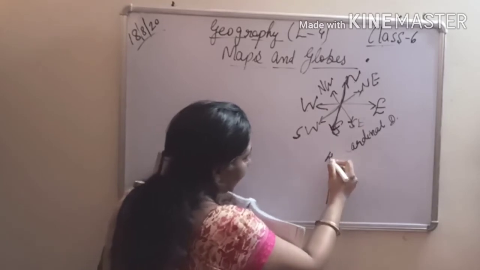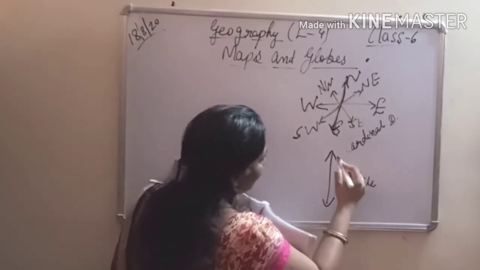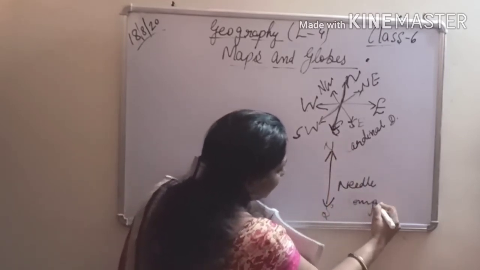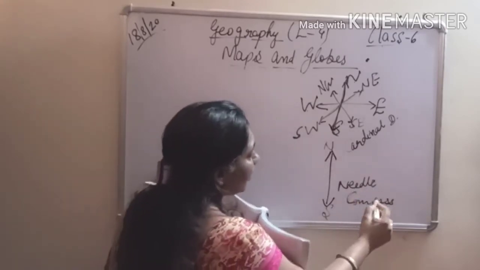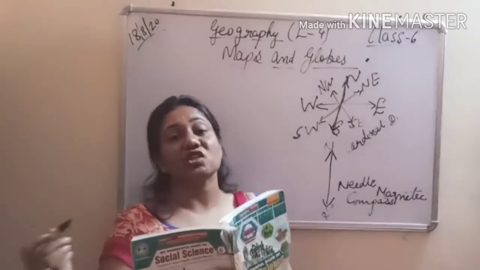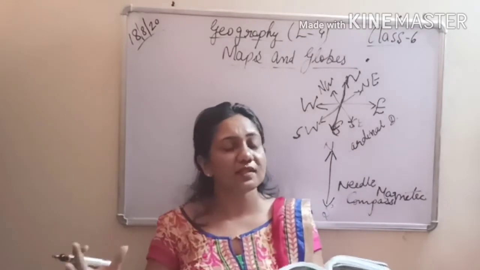It is always like this, and it always points towards the north-south direction. So the mariners and sailors took the help of the magnetic compass to know their direction, especially when the night or the sky was cloudy.